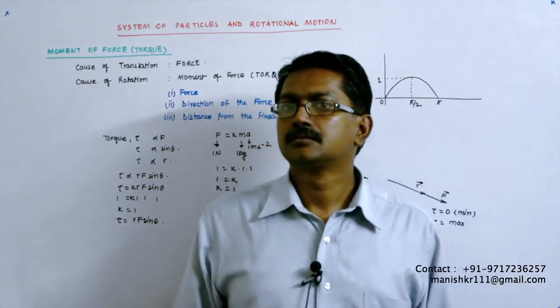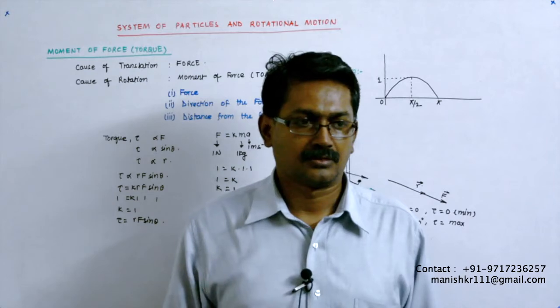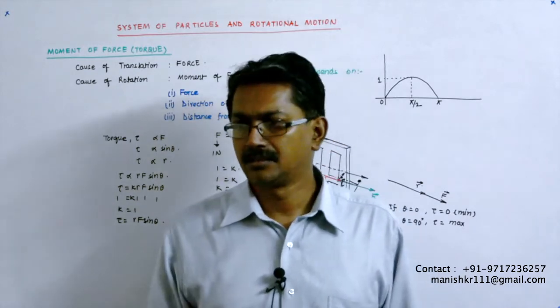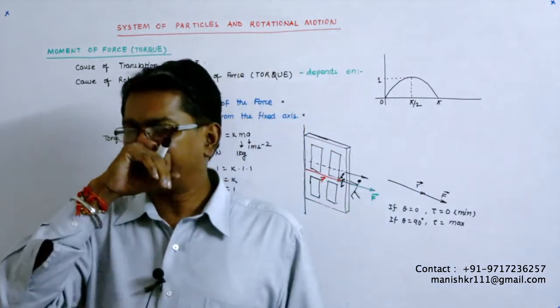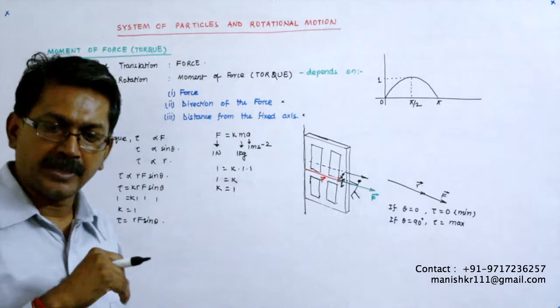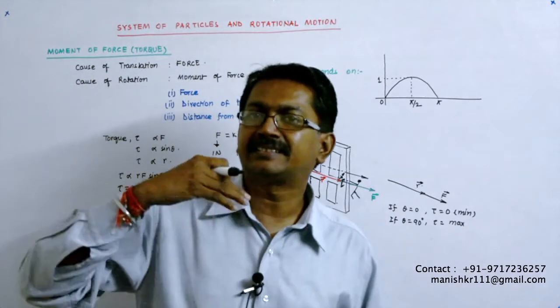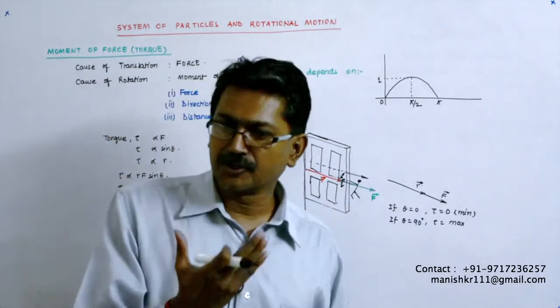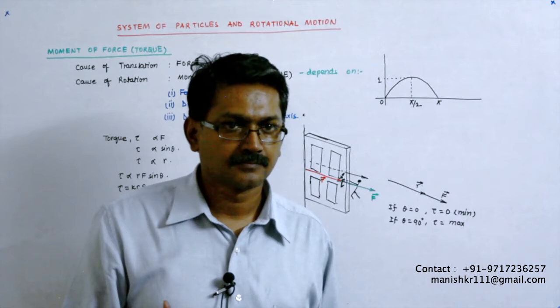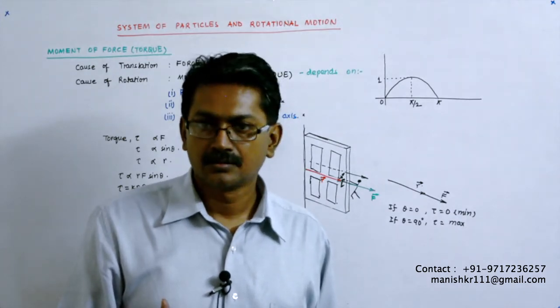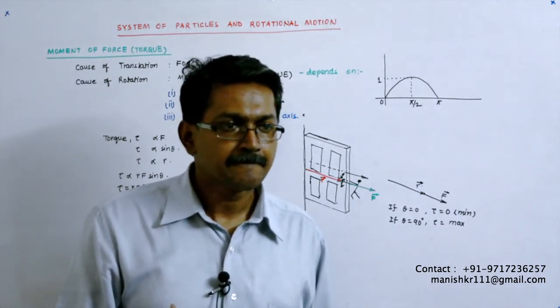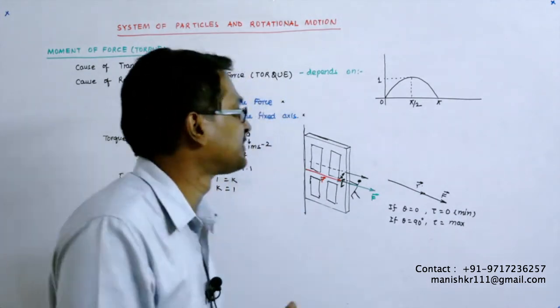Torque has to be given a direction. What is the reason? Because torque should be producing an acceleration on the same lines as force produced an acceleration. Correct? Here it should be producing an angular acceleration.